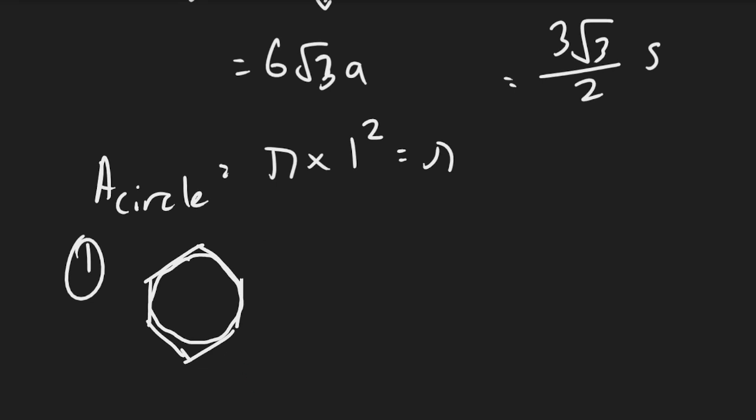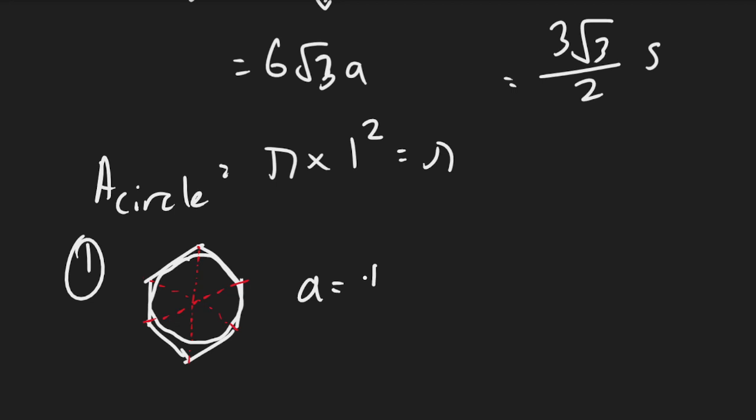So when we observe this diagram, when we break it up into smaller identical equilateral triangles, we notice that the radius of the circle is basically the apothem. So A equals 1. Here, A equals 1.